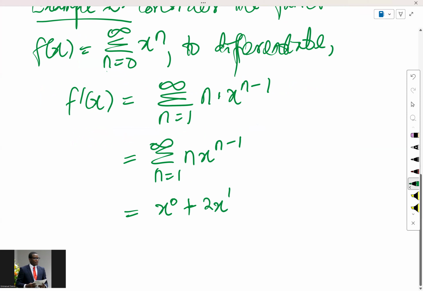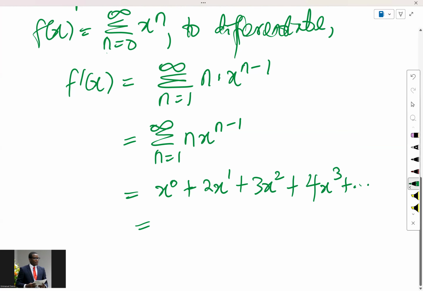At n equals 3, you have 3x raised to power 2, at n equals 4, you have 4x raised to power 3, and so on and so forth. So you see a pattern there already. This is 1 plus 2x plus 3x squared plus 4x cubed, and so on and so forth.